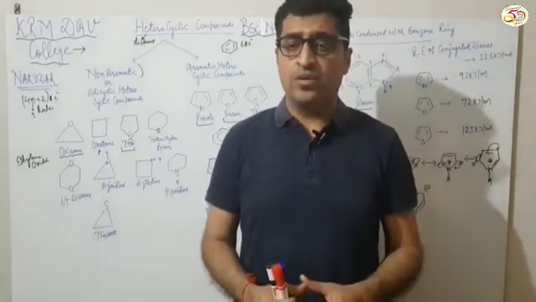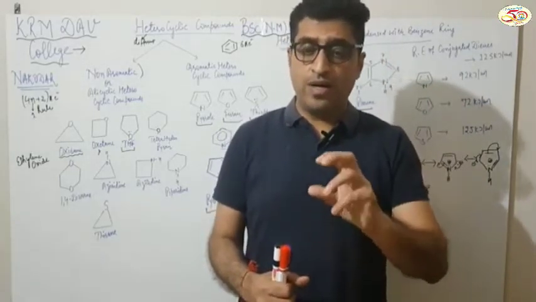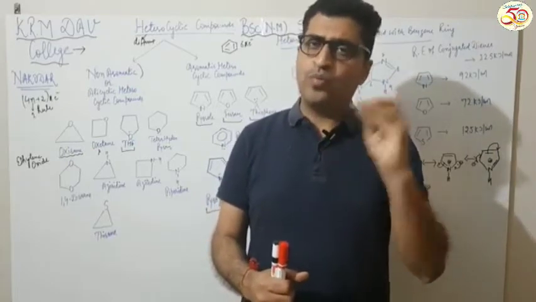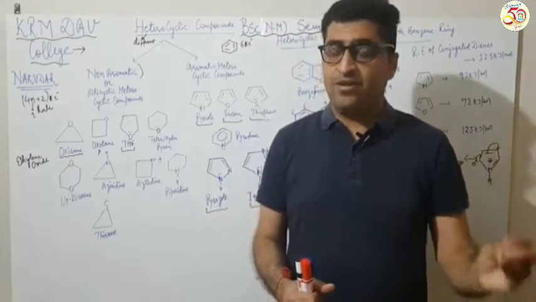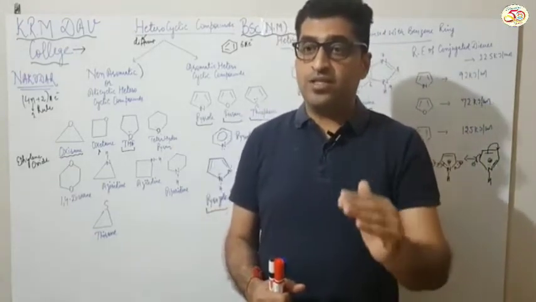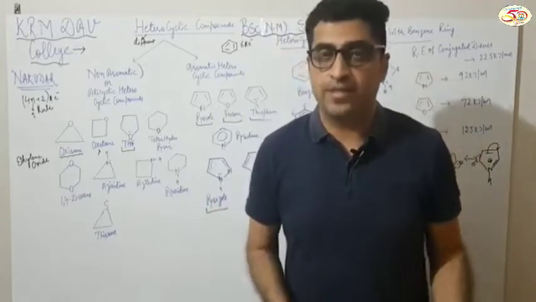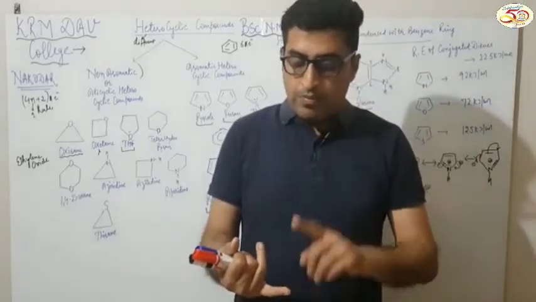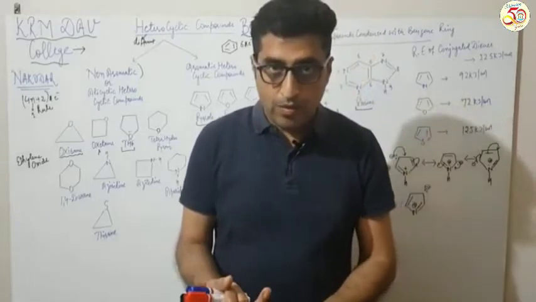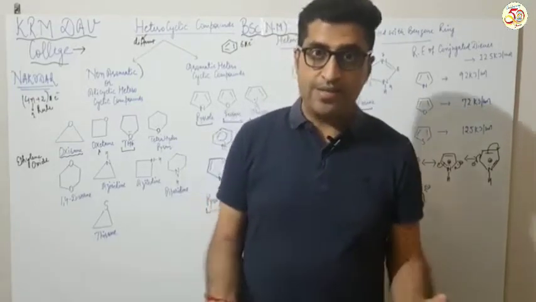Is that clear? So first of all, if you are unable to understand resonance energy, go through previous classes. First of all, get the meaning of resonance energy. So resonance energy is the energy which comes through resonance. Now, benzene is an aromatic compound. It behaves like a saturated molecule like alkanes.